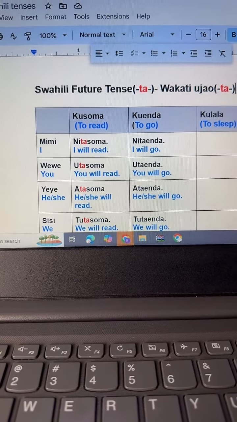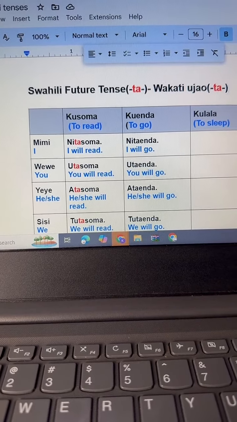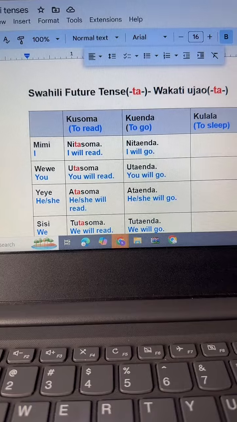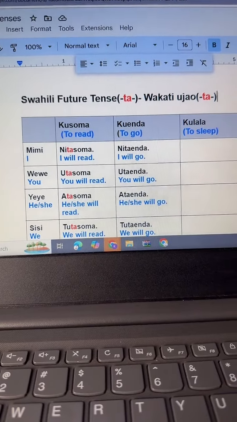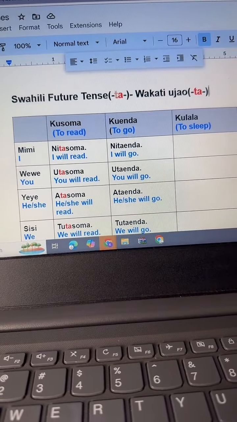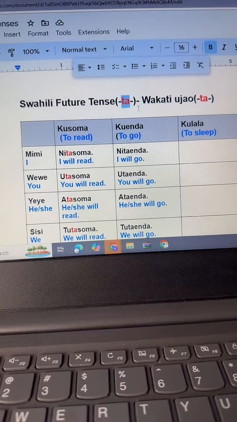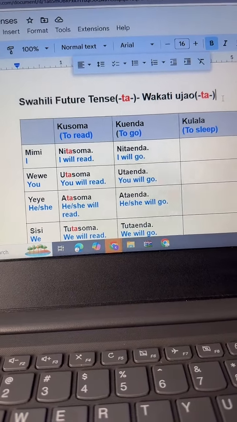In this lesson, we are going to learn about the Swahili future tense. The Swahili future tense is represented by the marker ta, as you can see here. Remember, in our previous lessons, we talked about the present tense and its negation.